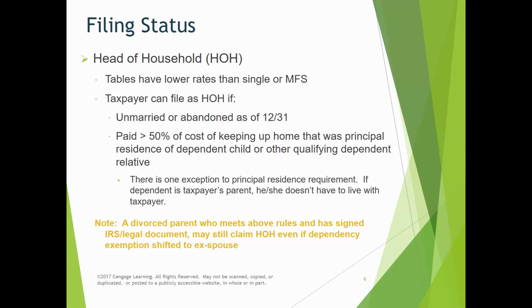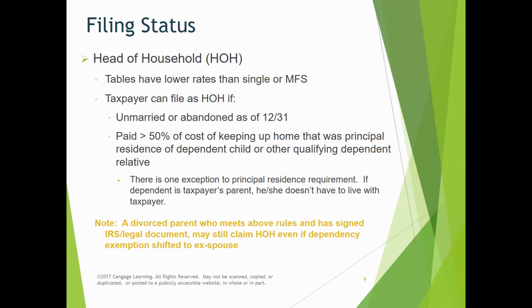So this is if, as of 12/31, you're an unmarried or abandoned spouse. An abandoned spouse is a tax term that refers to, this one says you still know where your spouse is. Again, I've never personally had somebody qualify as an abandoned spouse, but neither is it completely unheard of.